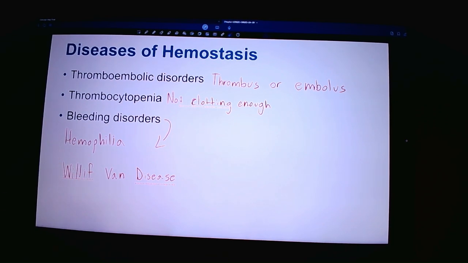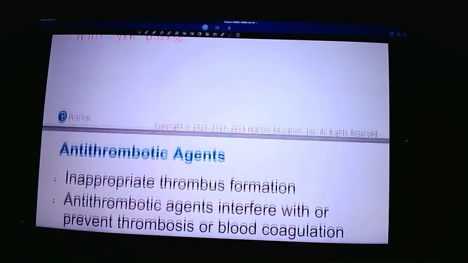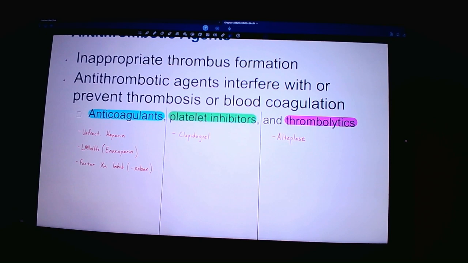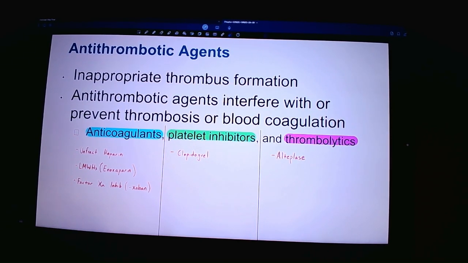And then finally, there's bleeding disorders, which is hemophilia. And I don't think I spelled this right, but I heard it from the professor. She said Willebrand disease. I didn't really look that crazy into it, but maybe it's something worth looking into. Von Willebrand syndrome or something like that. So Von Willebrand? Oh, Von Willebrand. Well, I didn't look into it that much, so we'll see.